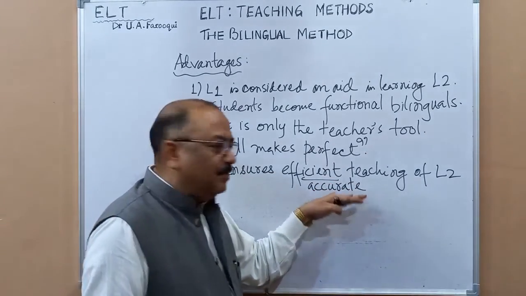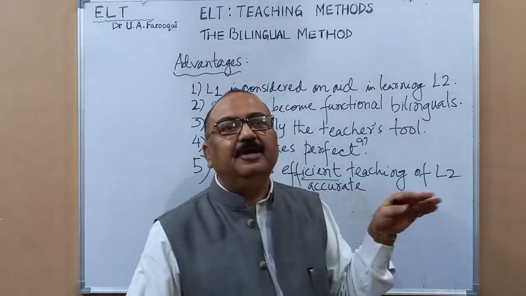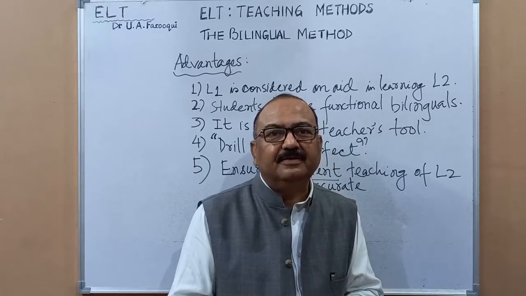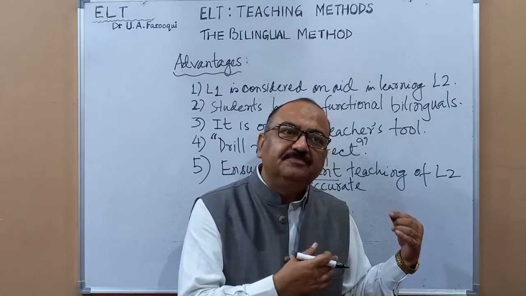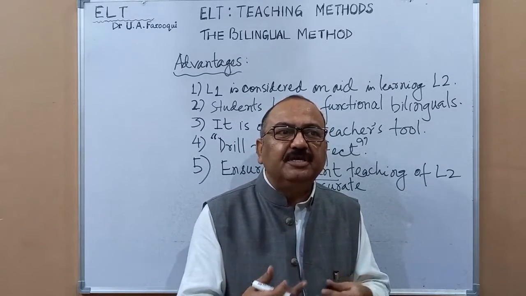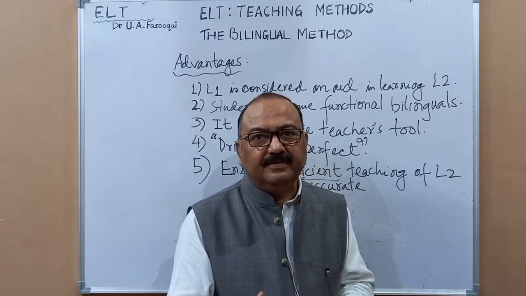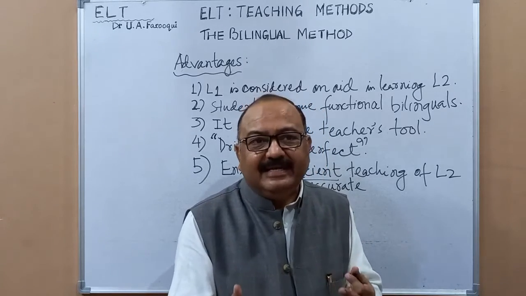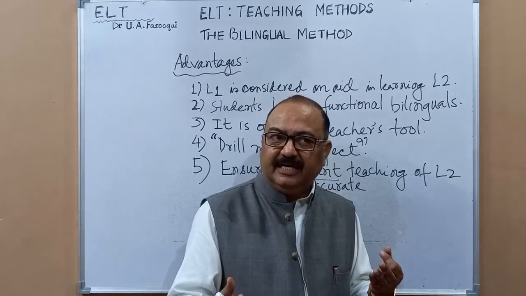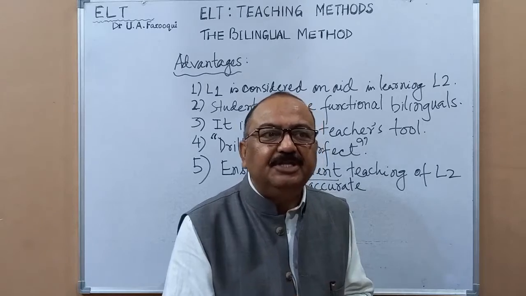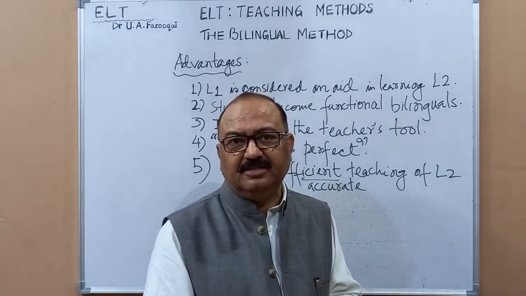The bilingual method, you may say, promotes both fluency and accuracy. Fluency we saw in the previous point, and besides fluency, it promotes accuracy. It promotes fluency as it lays emphasis on speech and pattern practice. It promotes accuracy as the meanings of new words are given in the mother tongue of the learners.